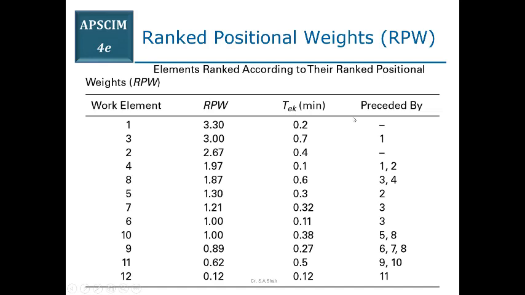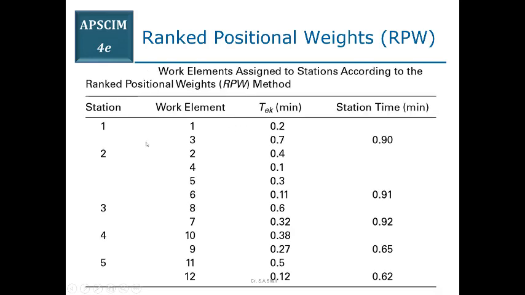Then your next step will be to assign the workloads to the workstations. So you will get the workstations, how many workstations there should be, and the distribution also comes out.